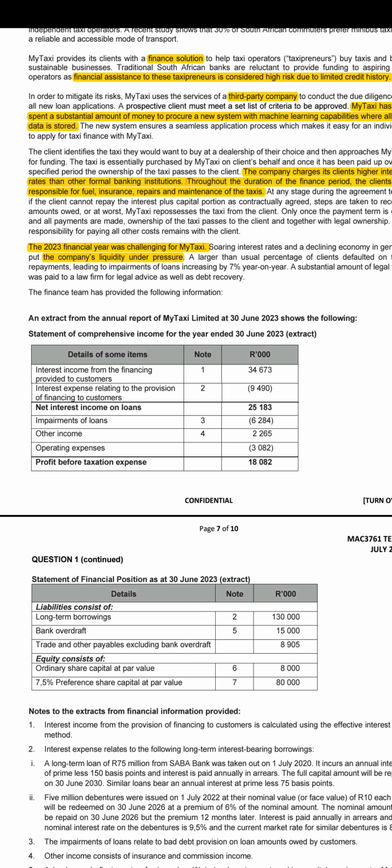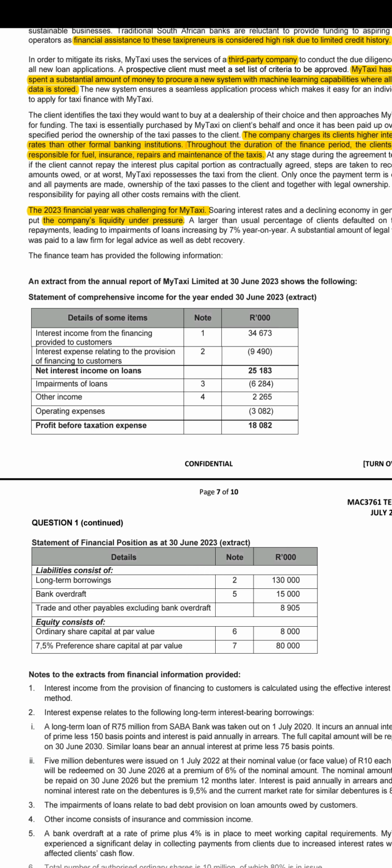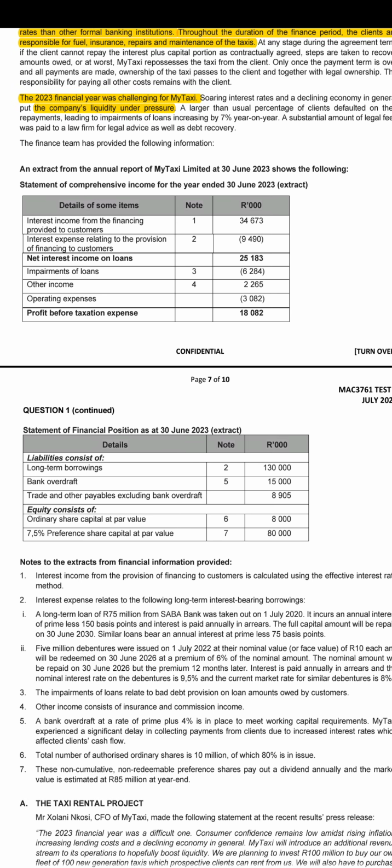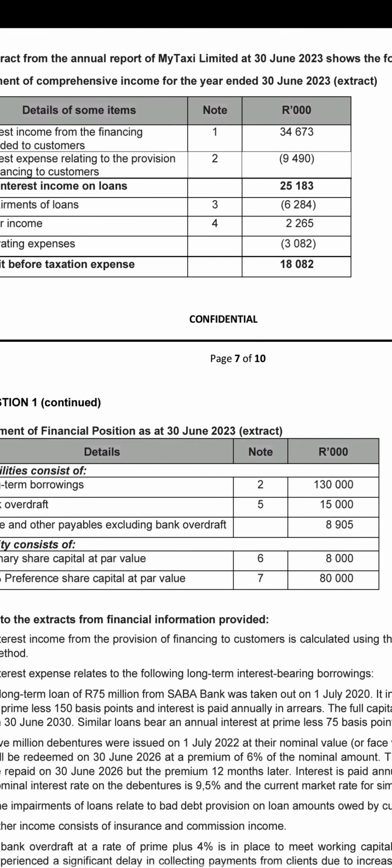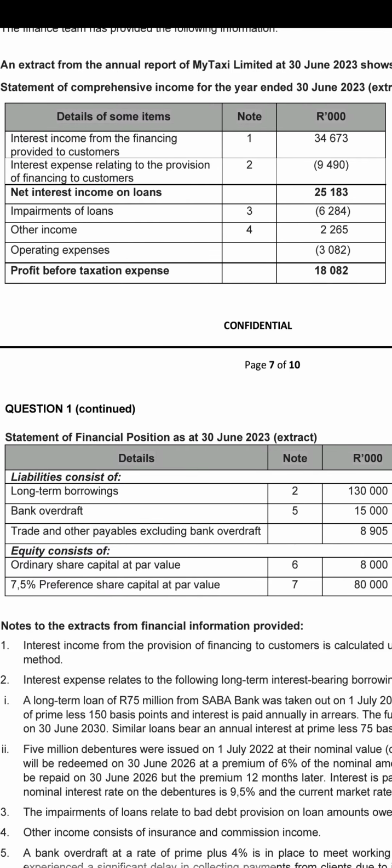Okay, so let's look at the financial information that has been given. So we have an extract of the annual report as at 30 June 2023, which is our financial year end, right? So let's take a look at that. I'm going to zoom in on it for you guys to see. And I want you guys to look at it, and in your mind, I'm going to give you guys a minute or so.